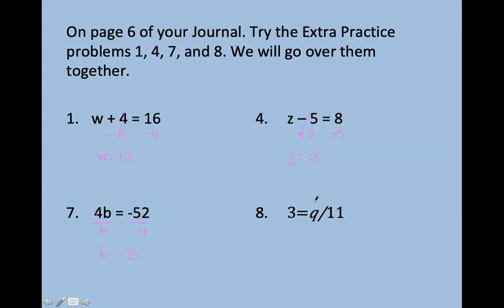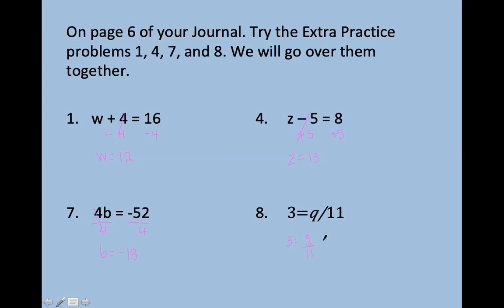All right, one more here. That's written kind of cuckoo, so I'll rewrite this. This is q divided by 11. I'm going to just check the journal and make sure that is what it is. Yeah. So we have division. To undo division, we are going to multiply both sides. I'm going to switch pen colors here so you can see.